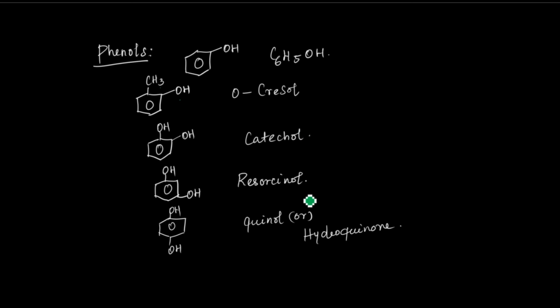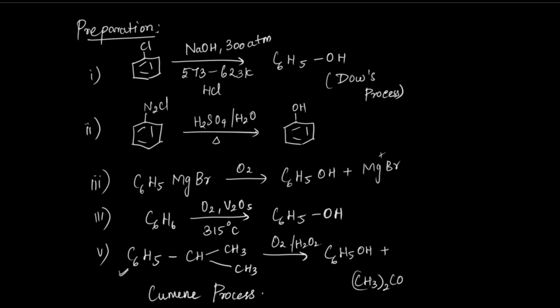Meta position means resorcinol, ortho position means catechol, and para position means quinol or hydroquinone. Hydroquinone means the structure will be like this. Okay, so the names are also important.